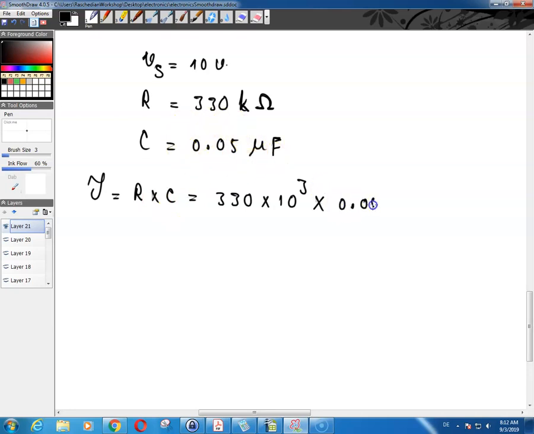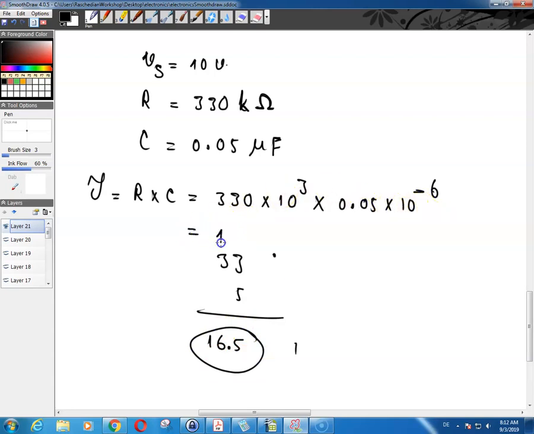So that's 0.05 into 10 raised to the power negative 6 farads, which gives 16.5 into 10 raised to the power negative 3 in seconds.